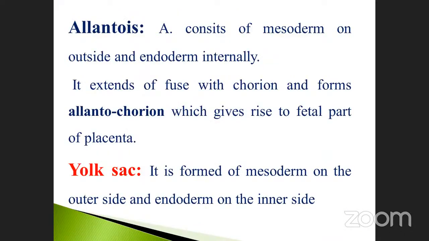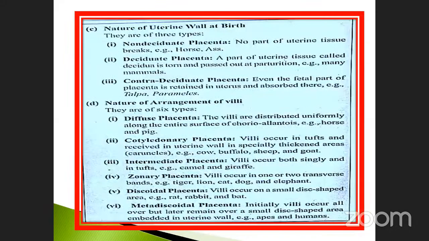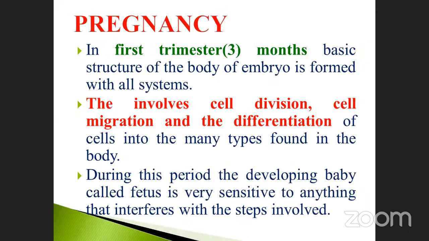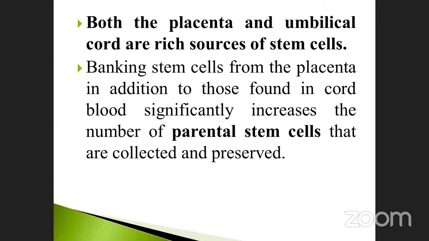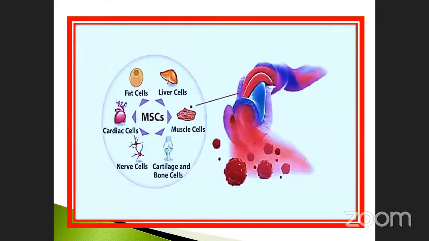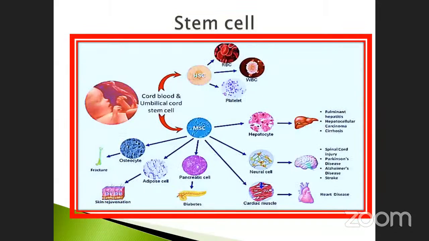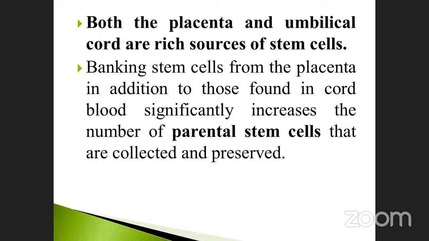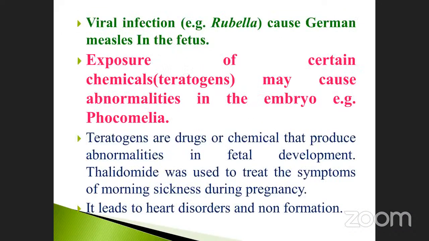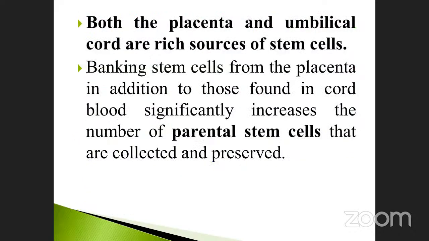Okay. See here. Now, what are we going to discuss? Pregnancy. What is pregnancy? That we also already discussed. And also what are stem cells? How stem cells will be used in the future in diagnostic processes or clinical aspects?